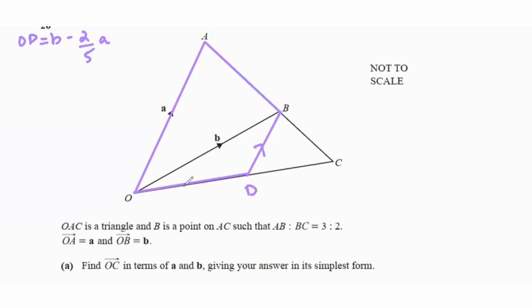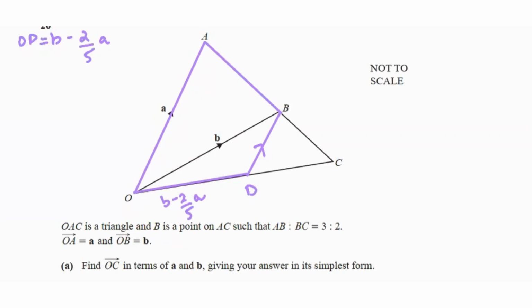So OD is given as B minus 2/5 of A. They want us to show that OABD is a trapezium. So for that, we have to show that OA and DB are parallel.